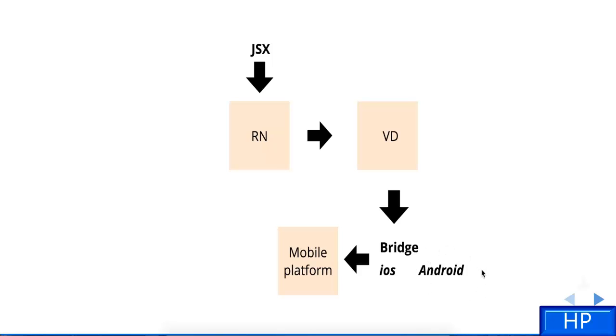Now keep in mind that the UI view generated out of JavaScript is exactly the same UI view that you would write in Swift or Objective-C when developing an iOS application. The same case with Android as well.